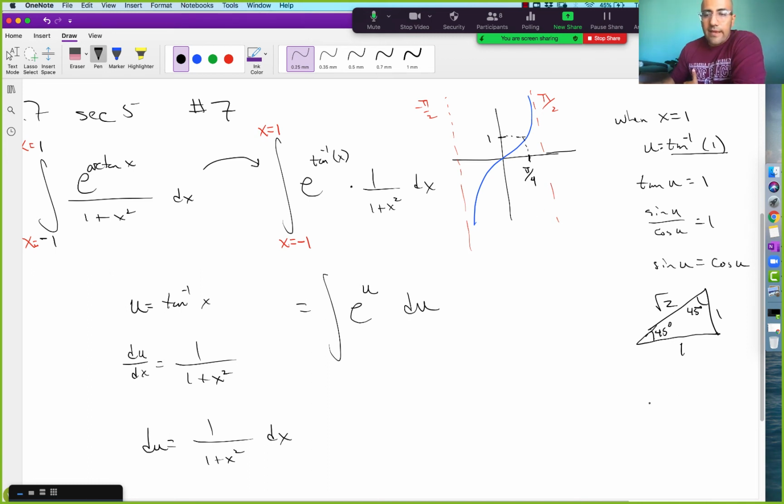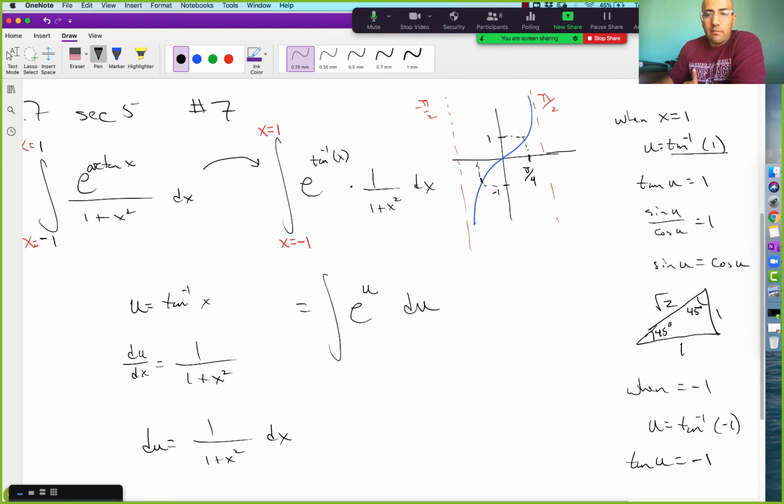And then when x is equal to negative 1, we're going to have that u equals tangent inverse of negative 1, which means that tangent of u must be equal to negative 1. And so that'll be over here. Right here is negative 1.